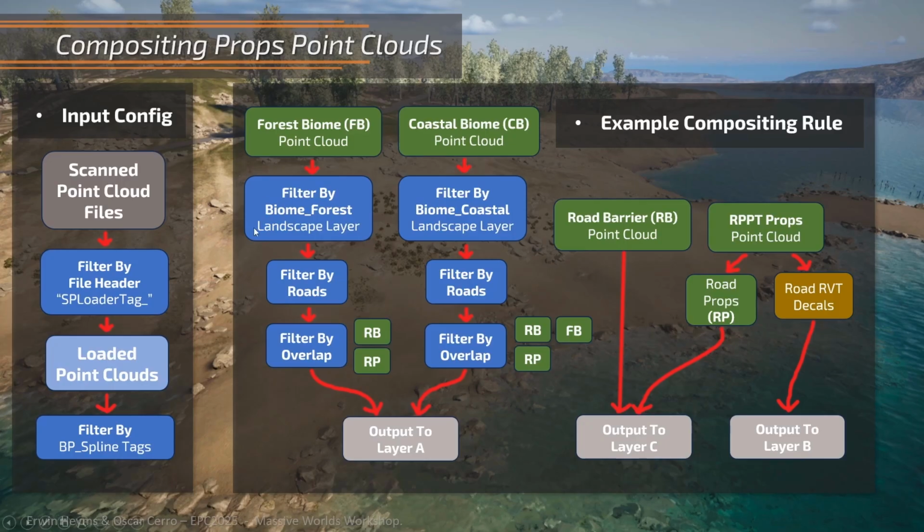Then we can filter them by the biome layers. So in this case, this particular point cloud only exists wherever the forest biome is viable. And this one only where the coastal biome is viable. Next, we'll filter out the roads, meaning that if a road exists somewhere, it's going to remove any of the plants and trees that intersect with these roads within their hard bounding range.